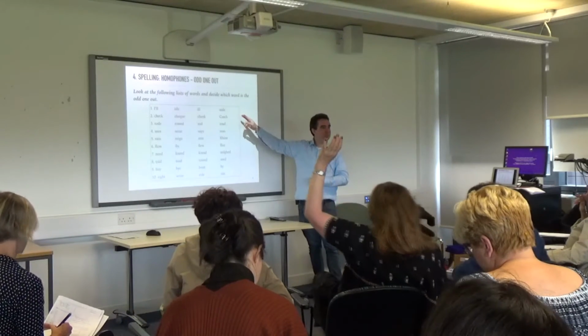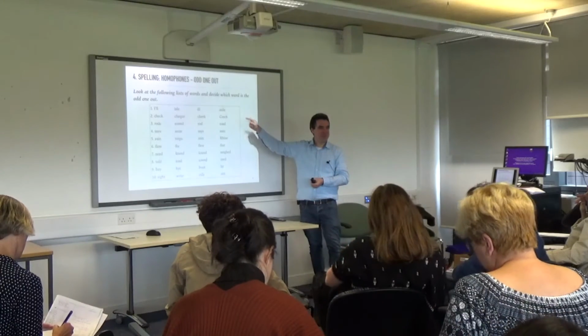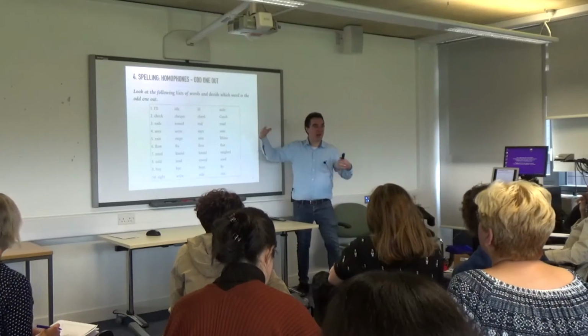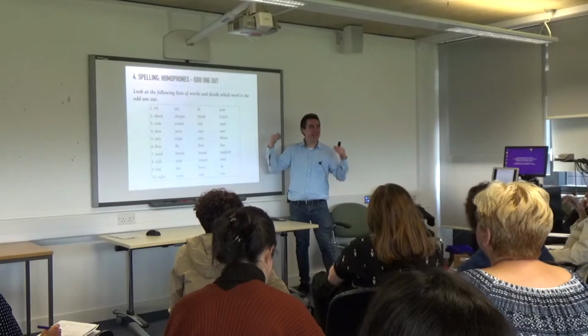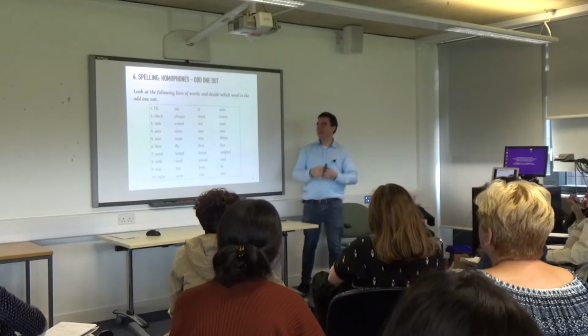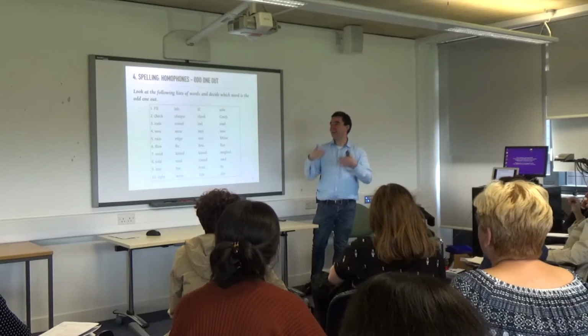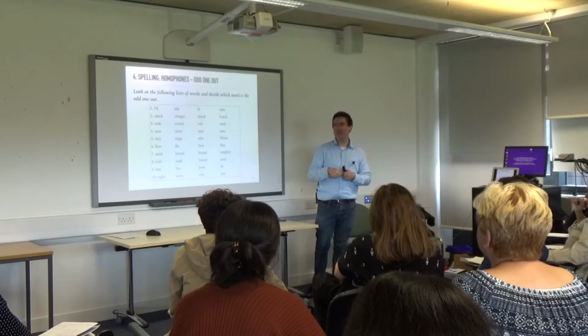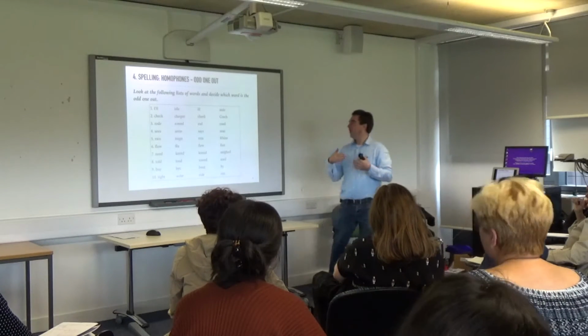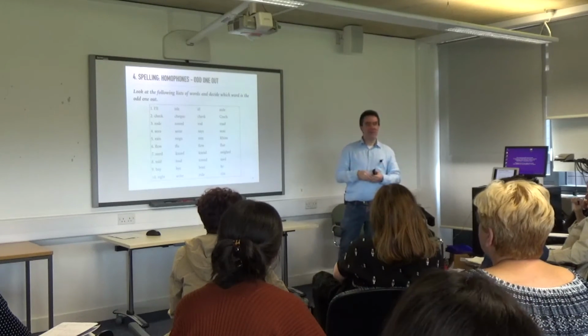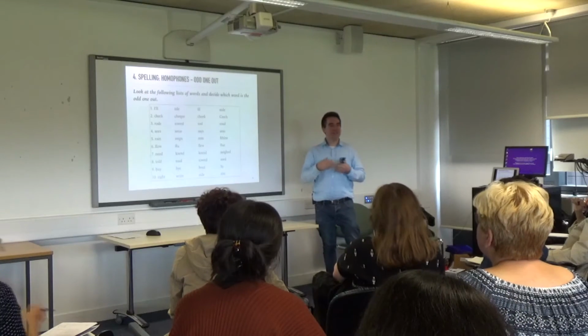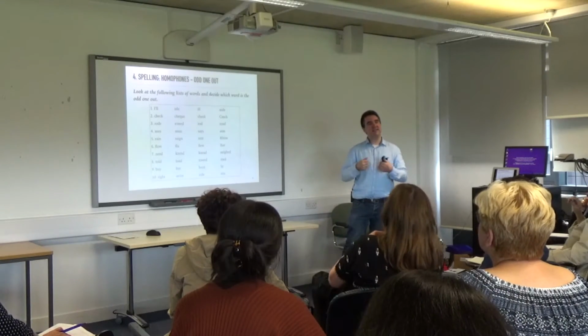Okay, shall we go through these together? Okay, so number 1 is I'll, ill, I'll. Number 2, check, cheek, check. Okay, number 3, road, rod, road. Okay, number 4, sees, says, sees.